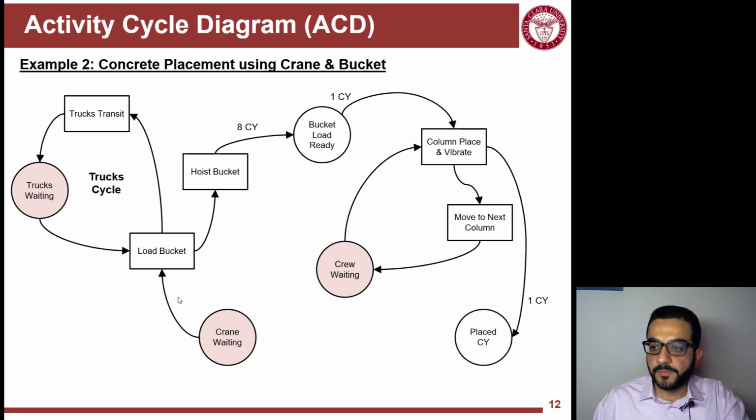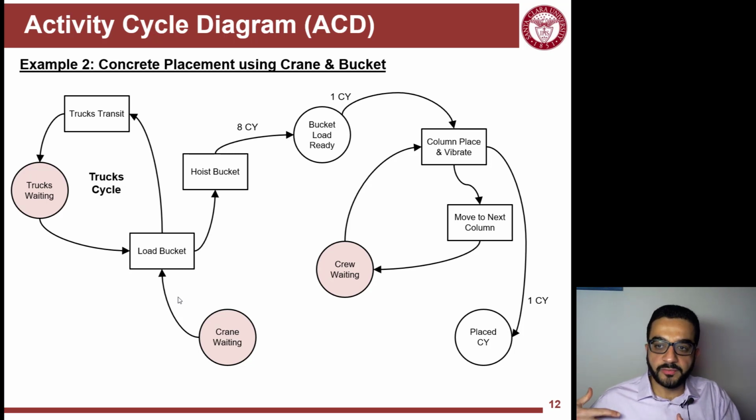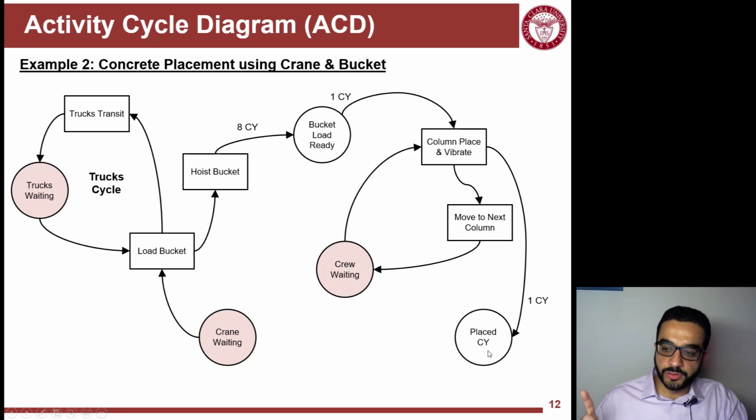Once the column is done, you move to the next column. The crew is moving, and once it's there, it's idle, waiting for availability of concrete. Once you place concrete in a column, you record that you've done 1 unit of concrete placing work.